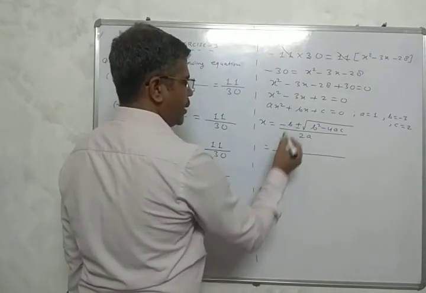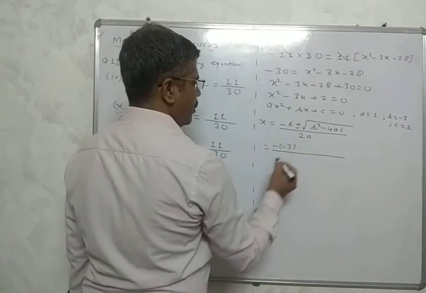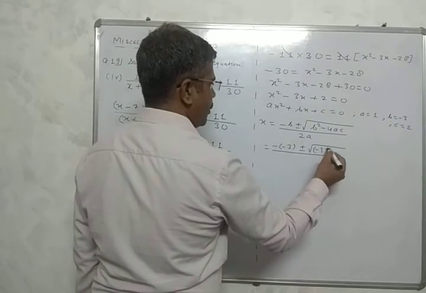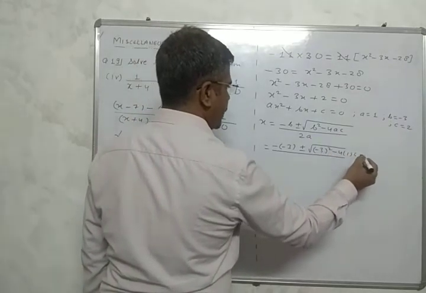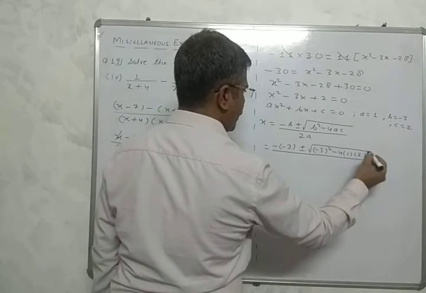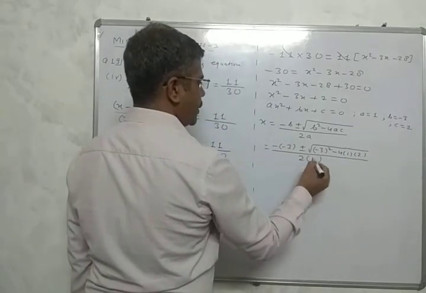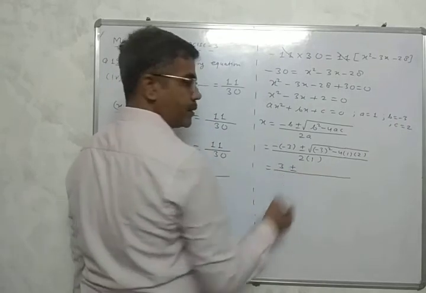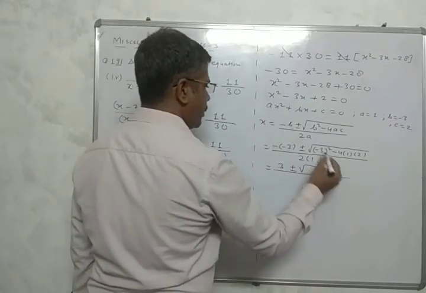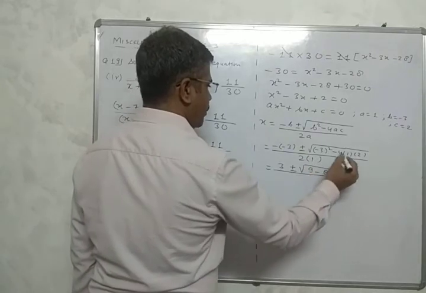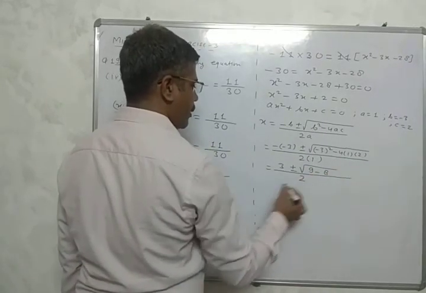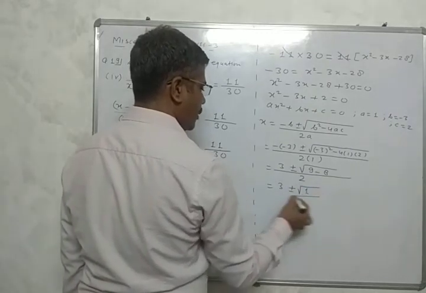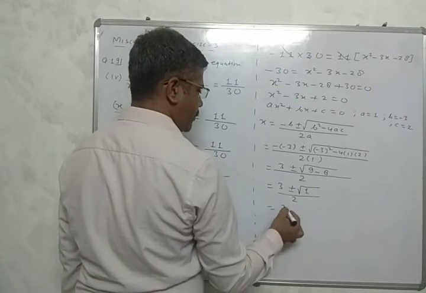We have minus b, minus 3, plus minus under root b square, it means minus 3 whole square, minus 4a, a is 1 and c is 2, upon 2a, a is 1. Minus into minus plus, plus minus under root of 9 minus 8, and 3 plus minus under root 1. Square root of 1 is 1.